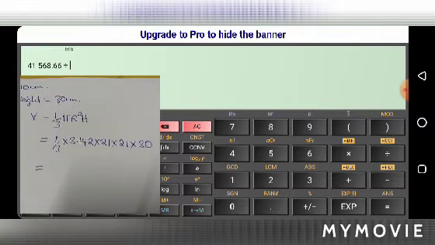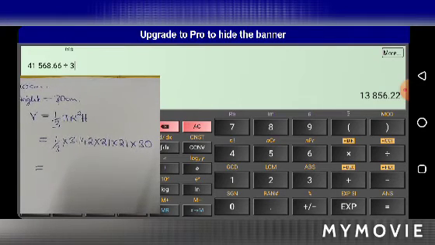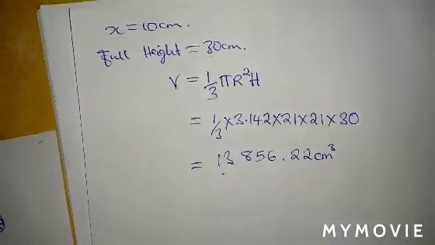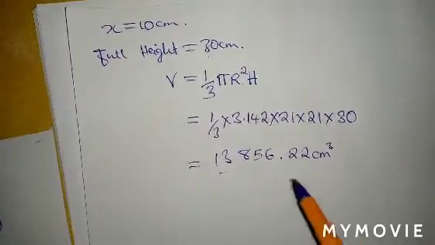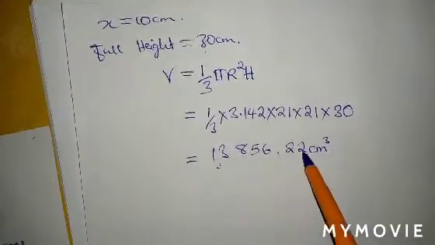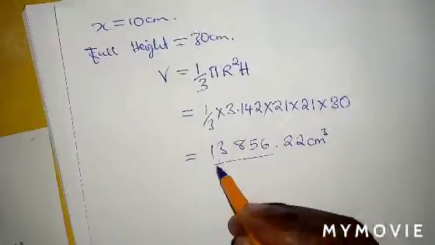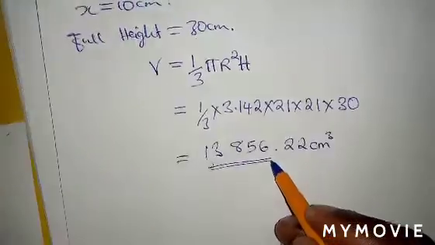That should be divided by 3. And our volume is 13,856.22 centimeters cubed. So that is the volume of the big cone.